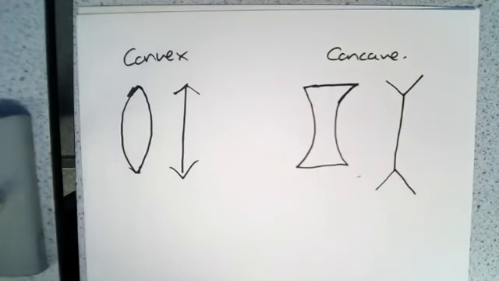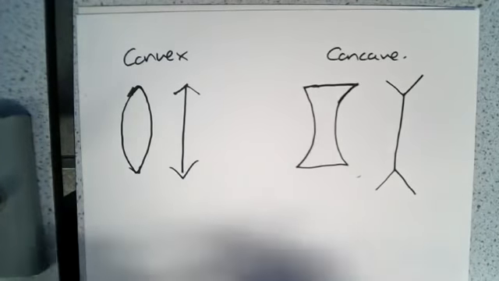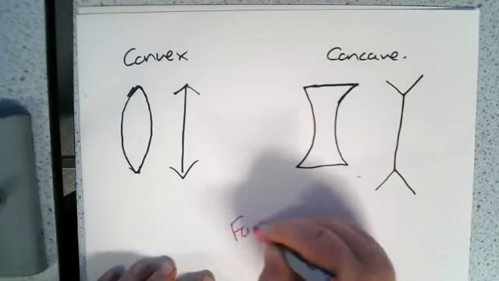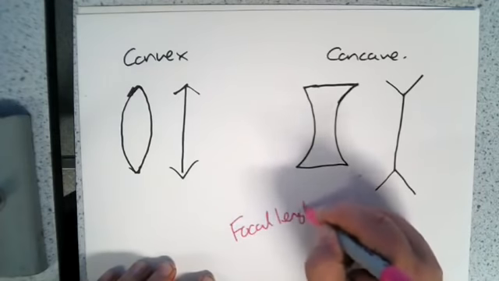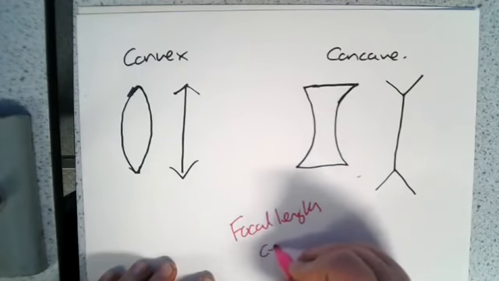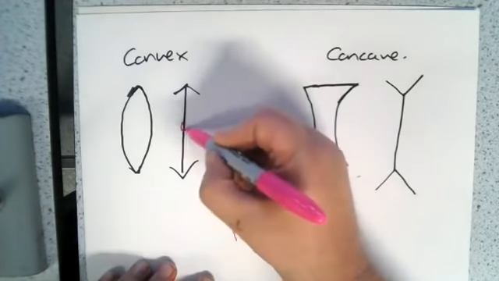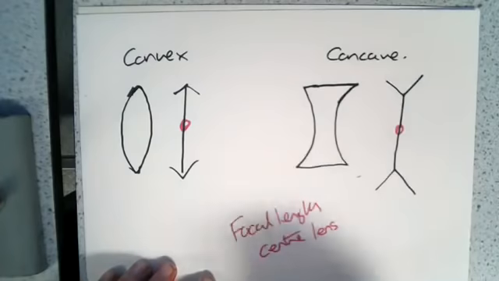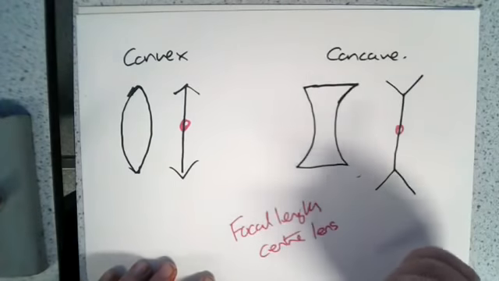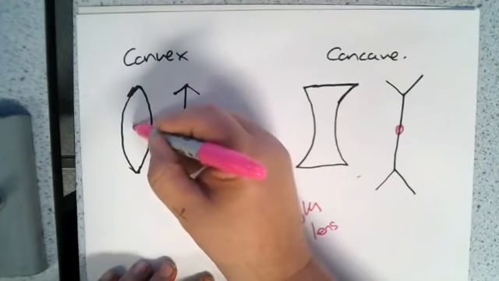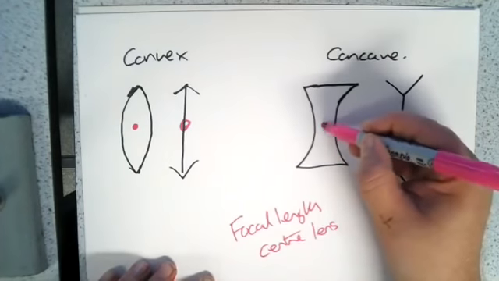Now, it's very important that we understand that when we're doing drawings to do with lenses, we're always talking about the focal length from the center of the lens. So we're talking about here and here. So this is why we use these line drawings rather than lens, because we want it to be in the center and in the center.